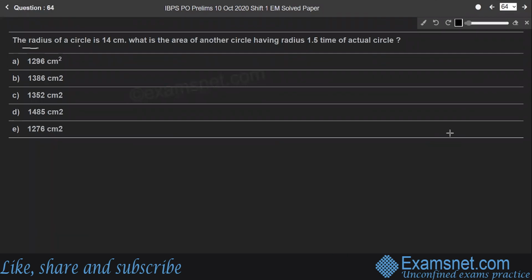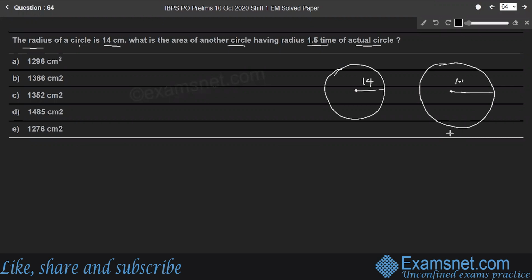Question 64. The radius of a circle is 14 centimeters. What is the area of another circle having a radius 1.5 times that of the actual circle? So here, the radius of a circle is 14 centimeters, and the radius of another circle is 1.5 times, that means 1.5 into 14 centimeters. Then what is the area of the other circle?